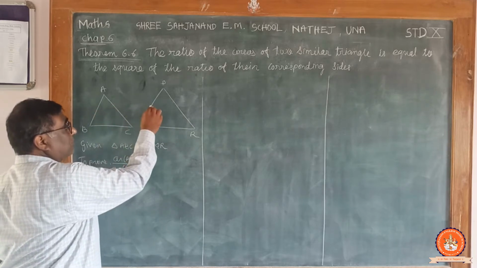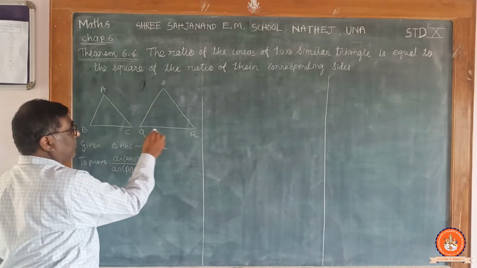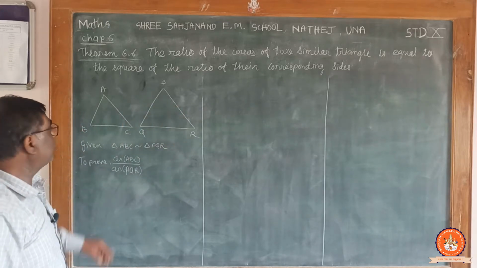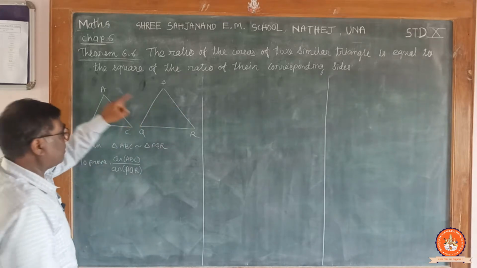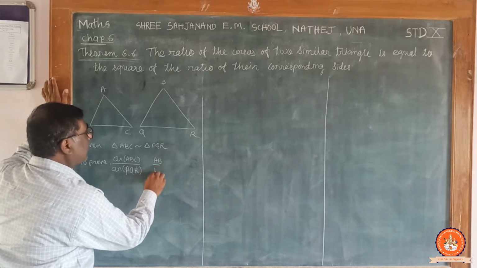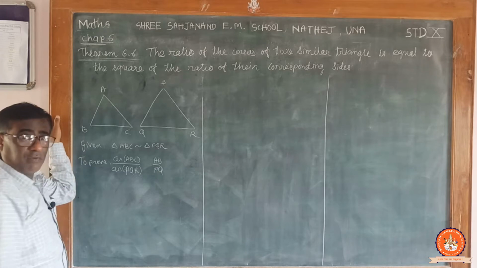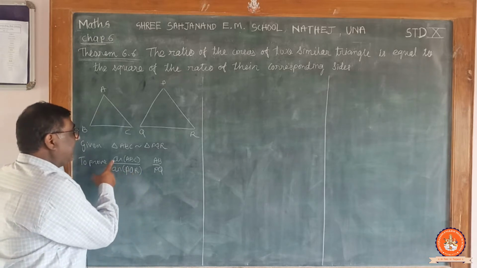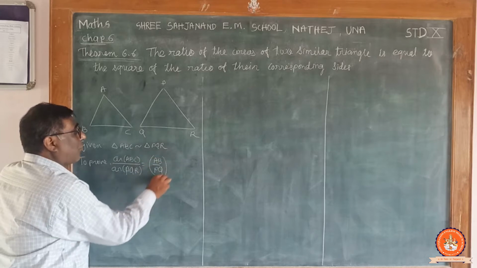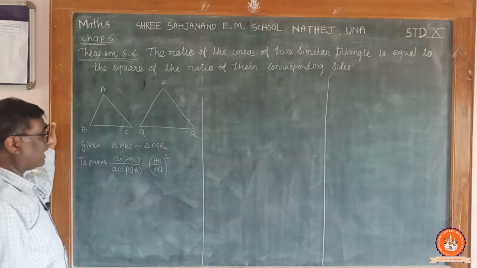AB corresponds to PQ, BC corresponds to QR, and AC corresponds to PR. AB upon PQ is the ratio of one pair of corresponding sides, and the ratio of the areas of both triangles is equal to the square of the ratio of corresponding sides.